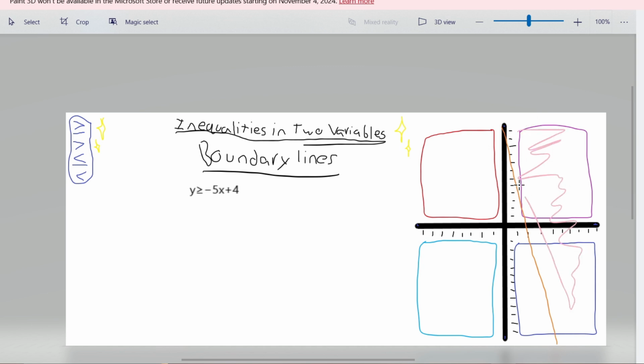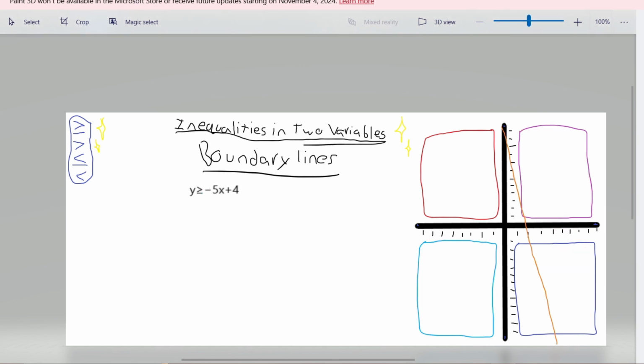It gets shaded this way. See? Nice. Now, is it above or below the boundary line? Well, considering our little alligator butt is facing this way, I say we are below the boundary line.